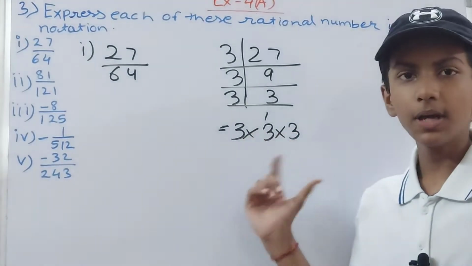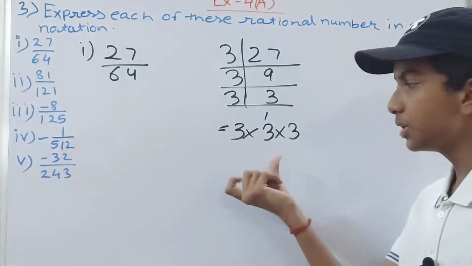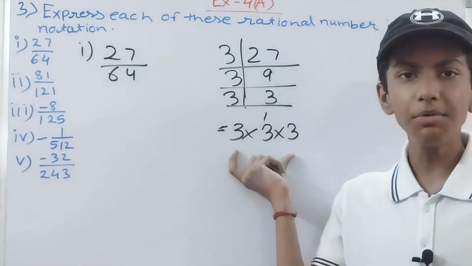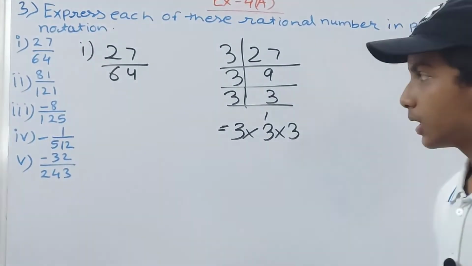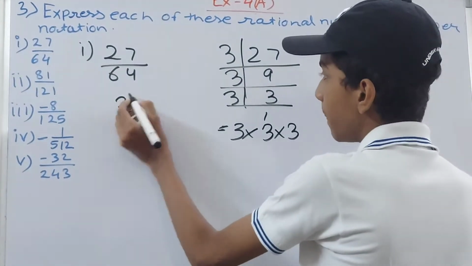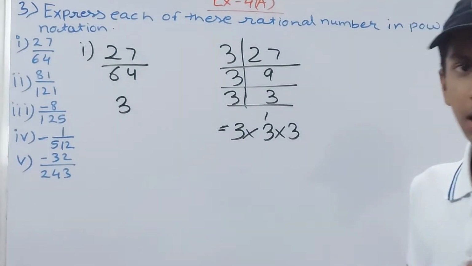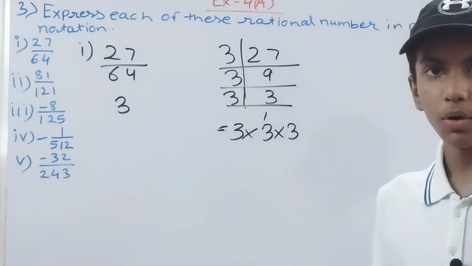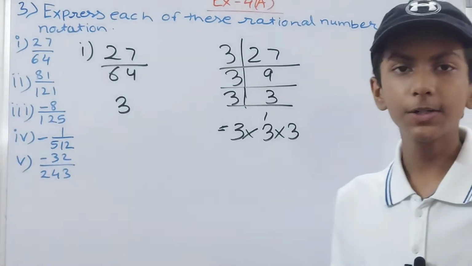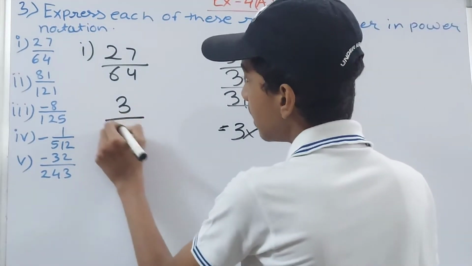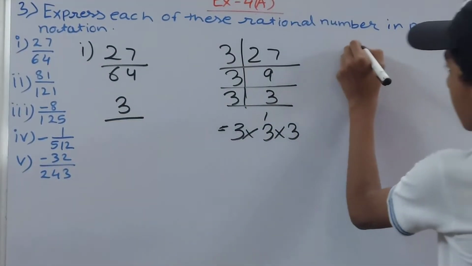Why are we using this method? Because 3 into 3 into 3 can be written in power notation as 3 to the power 3, but I will not write it just now because I will prime factorize the other number as well. So 3 upon, now 64 we will prime factorize.